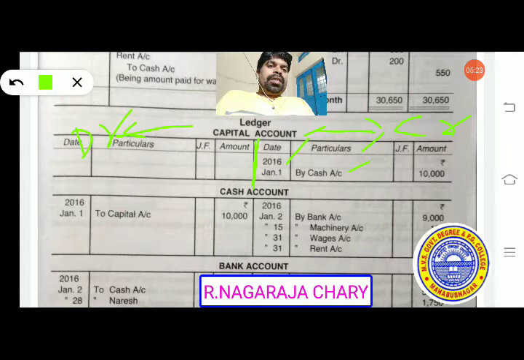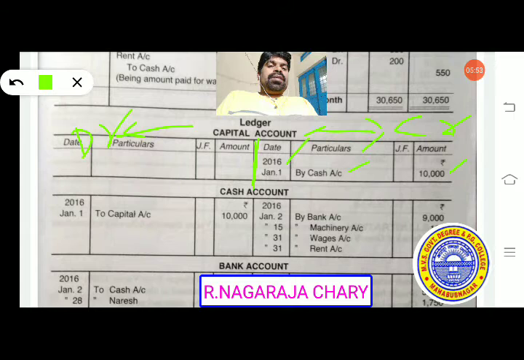So on the credit side we write By cash account, taking the debit item, 10,000. There is no entry on the debit side, because in the first entry cash account is debtor to capital account. So in the capital account on the credit side we write By cash account 10,000.